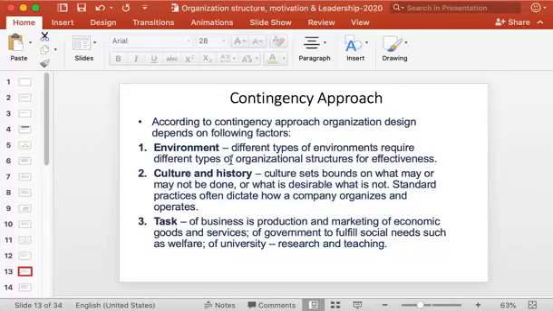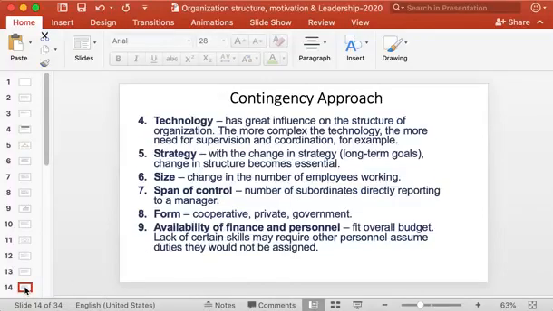So, the design of an organization may depend upon the environment, culture and history, and the primary task that the organization will have to perform or deal with.